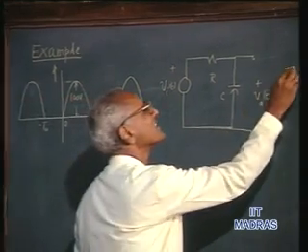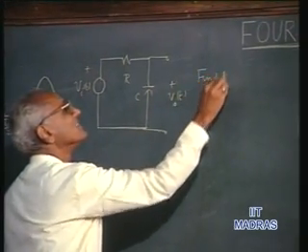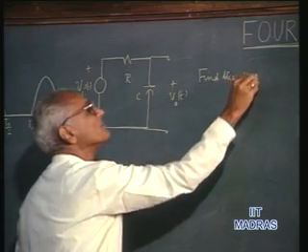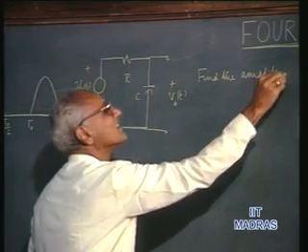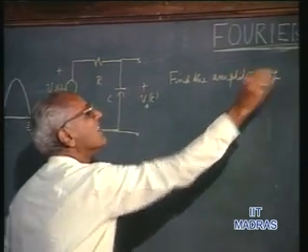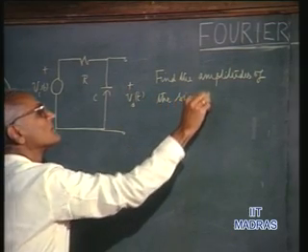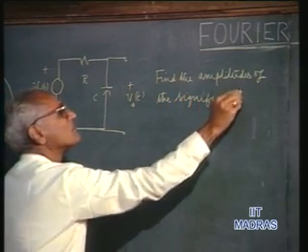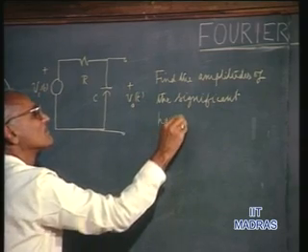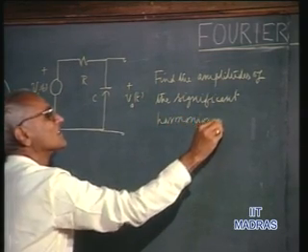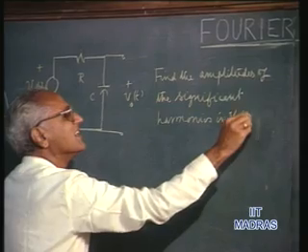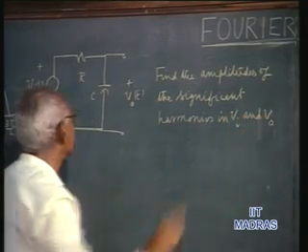Now this voltage is applied across the RC circuit, and we are interested in finding out the significant harmonics both at the input and the output voltage. So the problem is find the amplitudes of the significant harmonics in Vi and the output voltage V0.